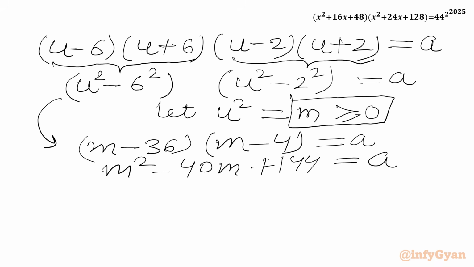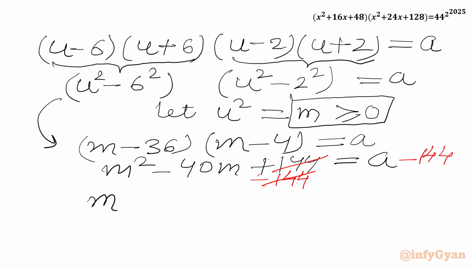I will be using the completing the square method, so I do not want plus 144 on the LHS. Let us subtract 144 from both sides. Now we can cancel plus and minus 144 from the left hand side.